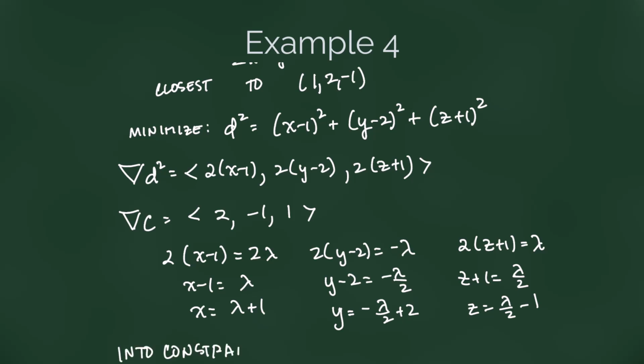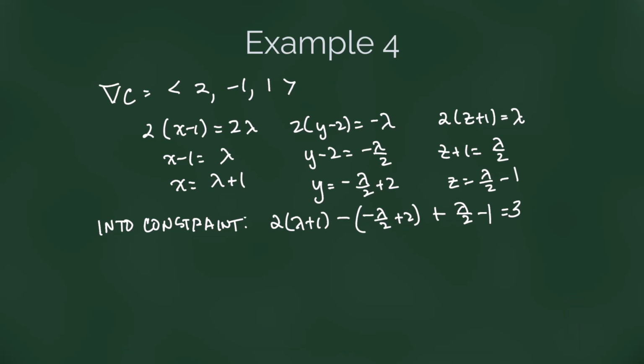So we're going to rewrite our constraint in terms of lambda and solve for lambda. So we get 2 times (lambda plus 1) minus (negative lambda over 2 plus 2) plus (lambda over 2 minus 1) is equal to 3.